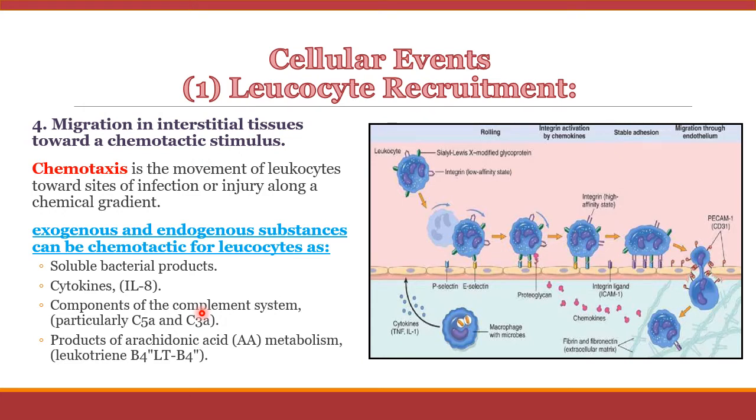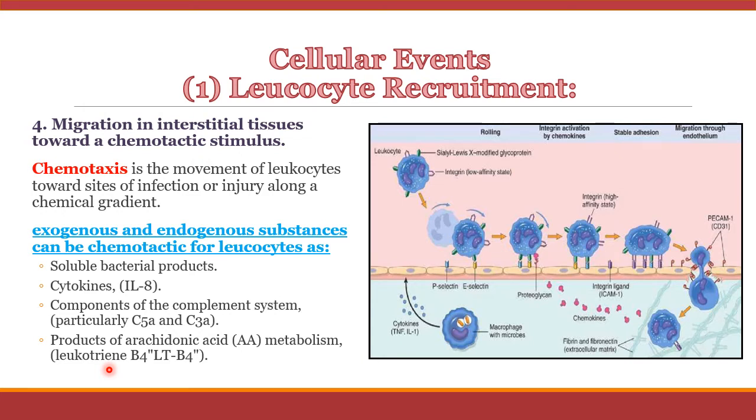The last important chemical mediator that is very chemotactic is the product of arachidonic acid metabolism, like leukotriene B4. So these chemical factors or substances are some of the long list of the most popular chemotactic substances that are attracting the leukocytes to the site of the injury.